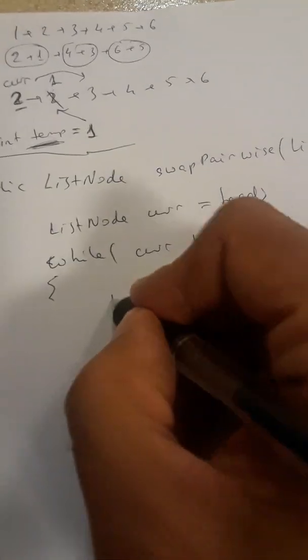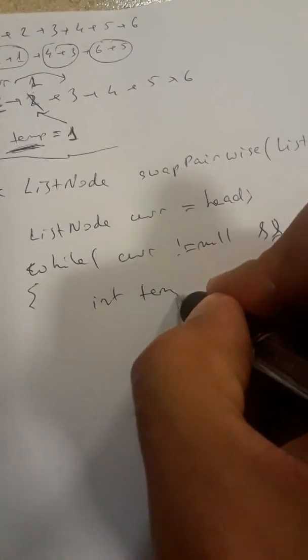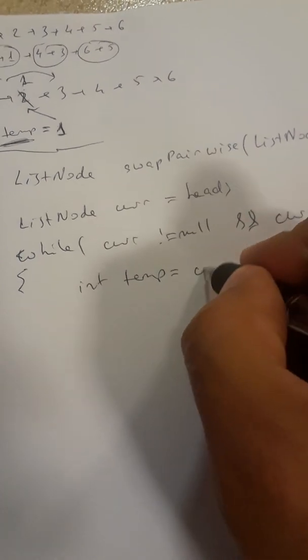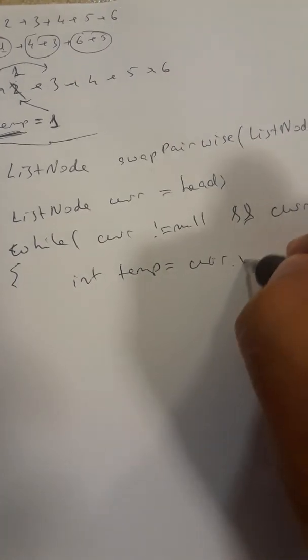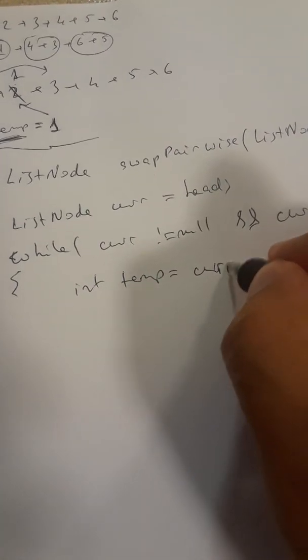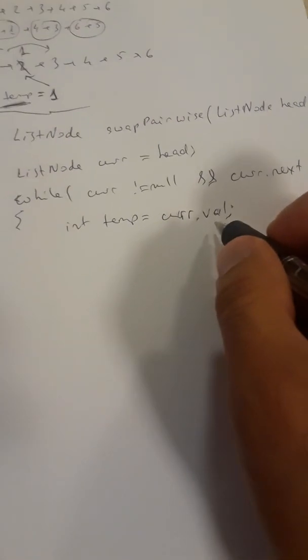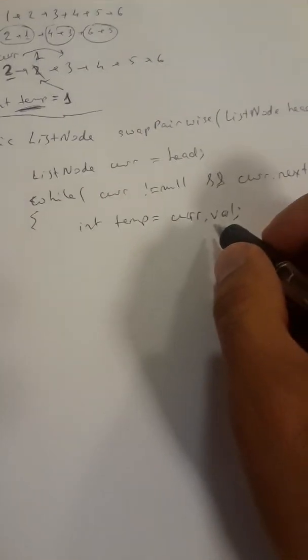After that we'll declare an integer variable where we'll store our current value or data. It depends on how our list node class is defined.